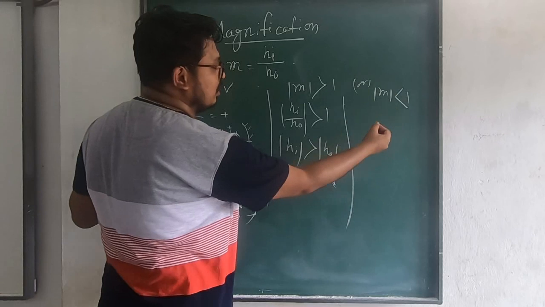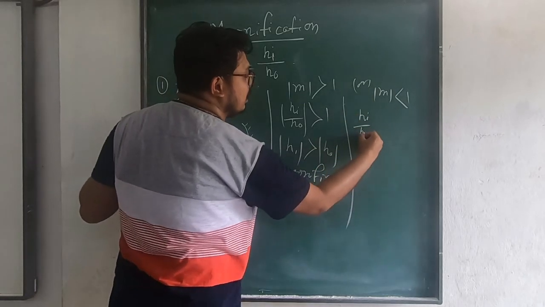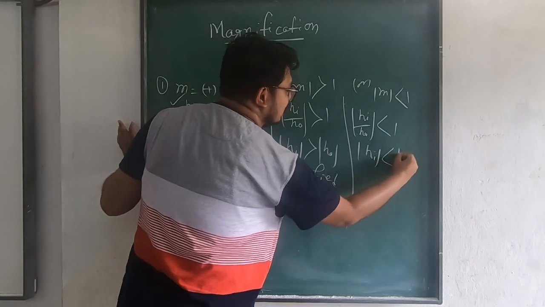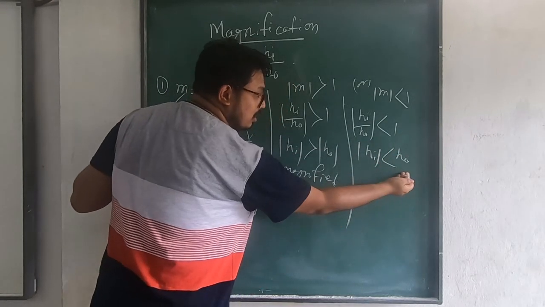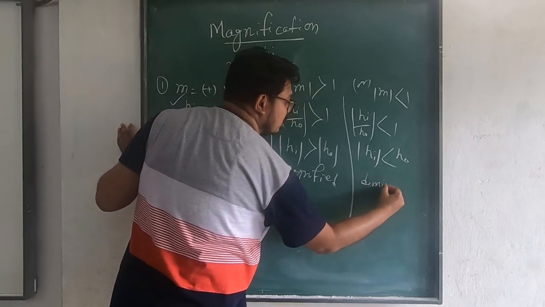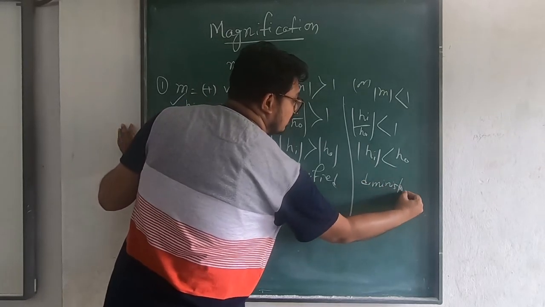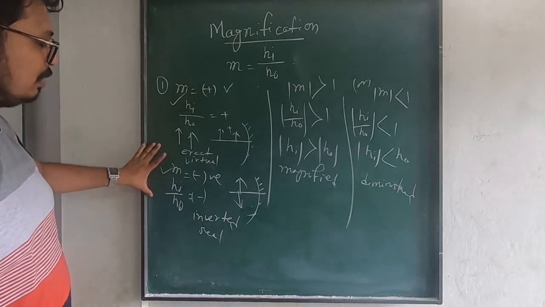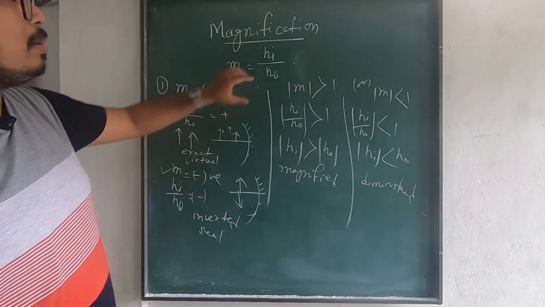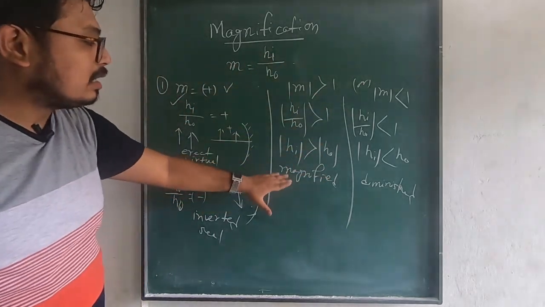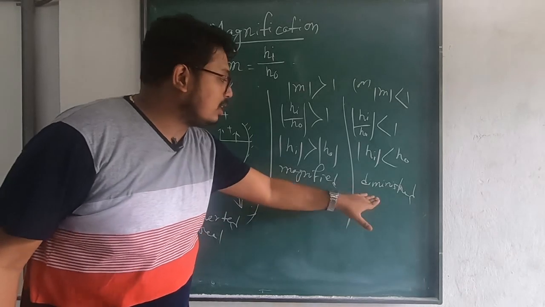Same way, if height of image by height of object is less than 1, that means the image will be smaller than the object. That means it is diminished. Clear? By looking at whether the value is positive or negative, you can find one conclusion. Again, by looking at whether it is greater than 1 or less than 1, you can find out whether it is magnified or diminished.